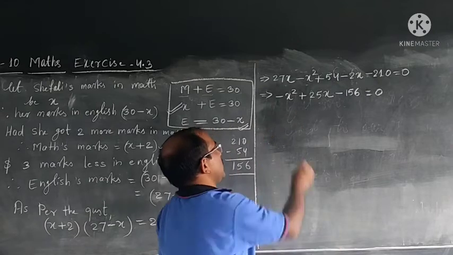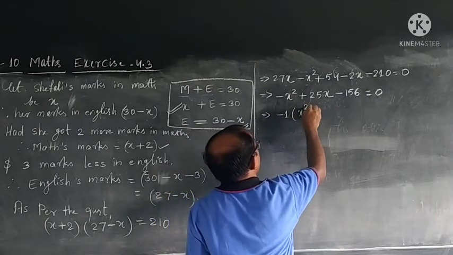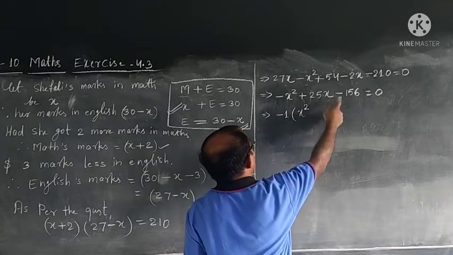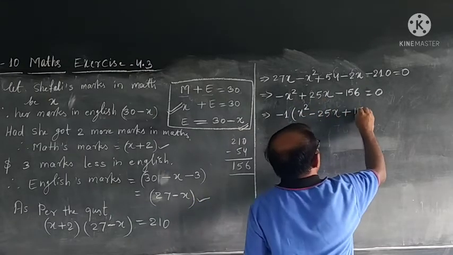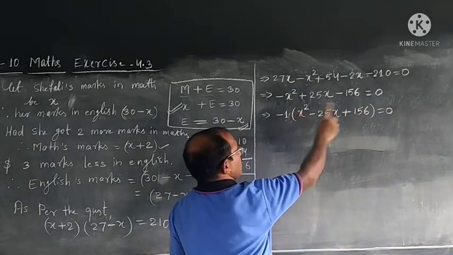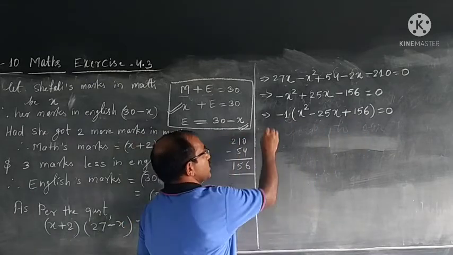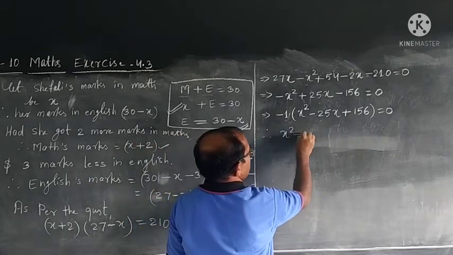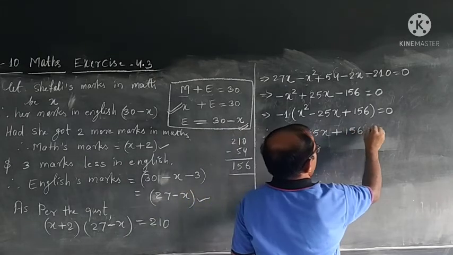So, we will take minus 1 common from all the terms, so the signs will change. Minus 25 it will be x plus 156 is equal to 0. This minus 1 is in multiplication, it will go to the RHS, 0 by minus 1 becomes 0. So, the quadratic equation is X square minus 25x plus 156 is equal to 0.